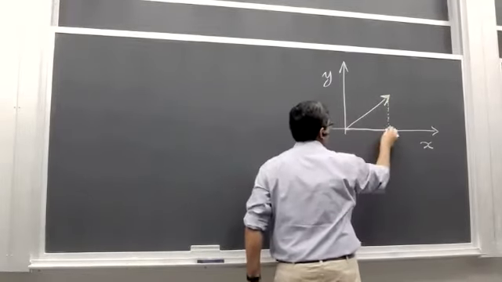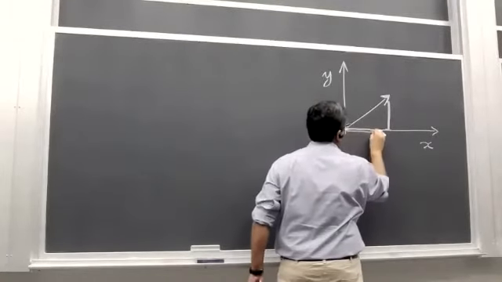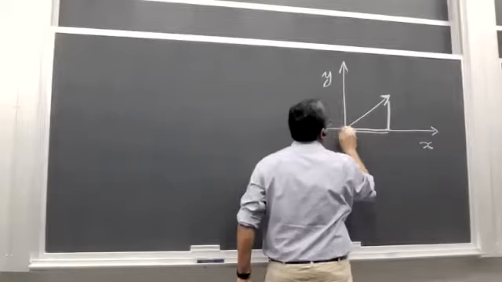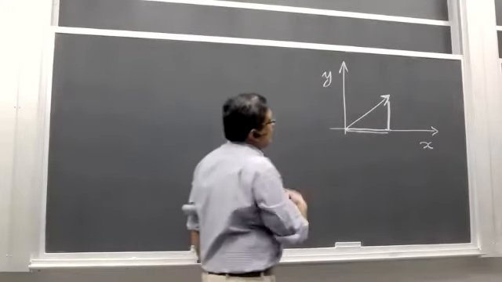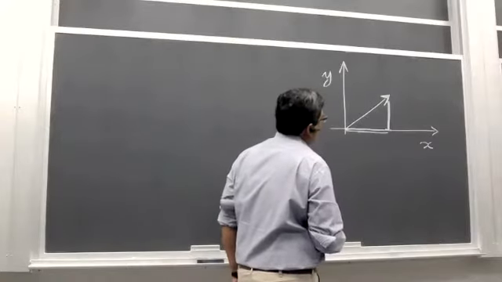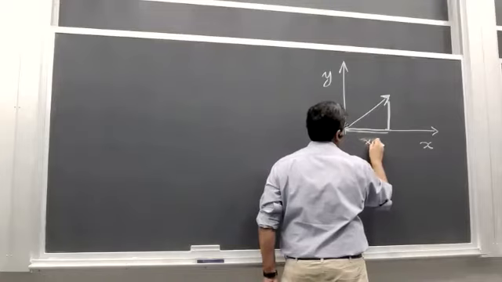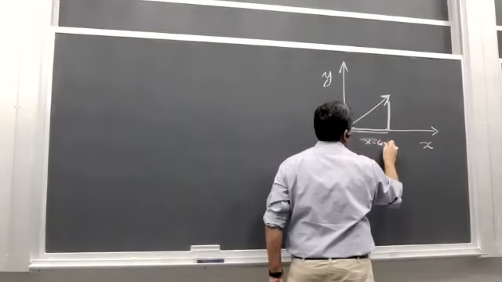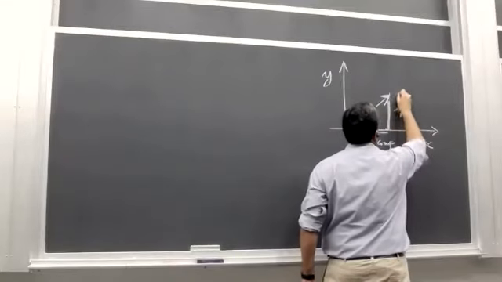And these pieces, this one and this one, they form the components of the vector in this coordinate system. These are the components. This distance here, this is x component, and this is the y component.